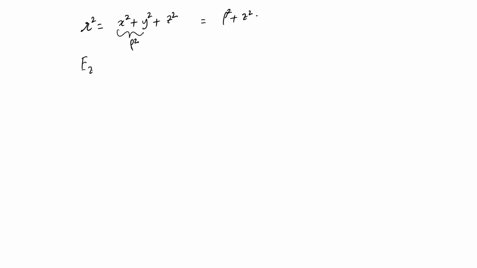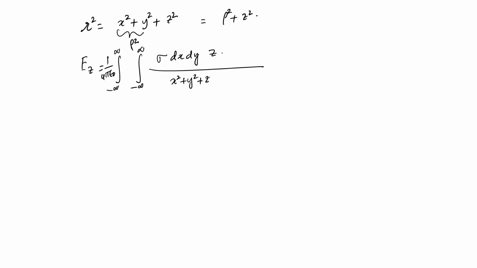So, E z is equal to the expression that we have written, and now we have to do an integration from minus infinity to plus infinity and minus infinity to plus infinity of sigma dx dy and then z, and then we have 1 over 4 pi epsilon 0, and x square plus y square plus z square whole to the power 3 by 2.